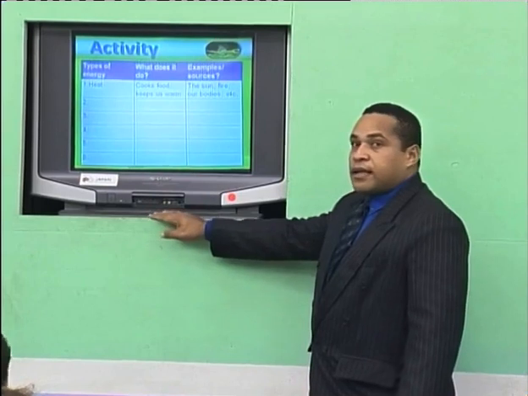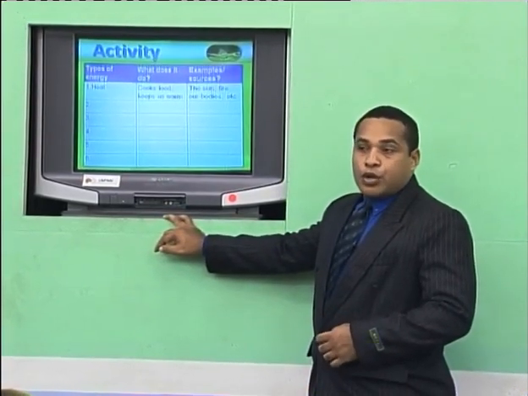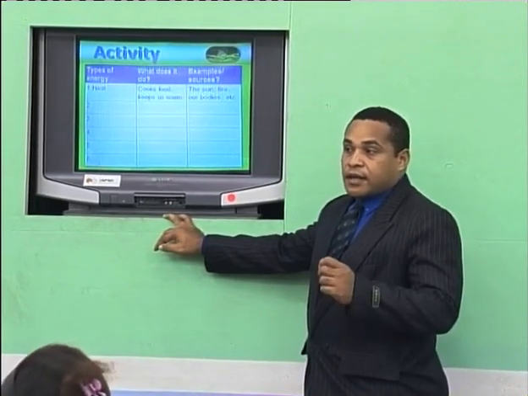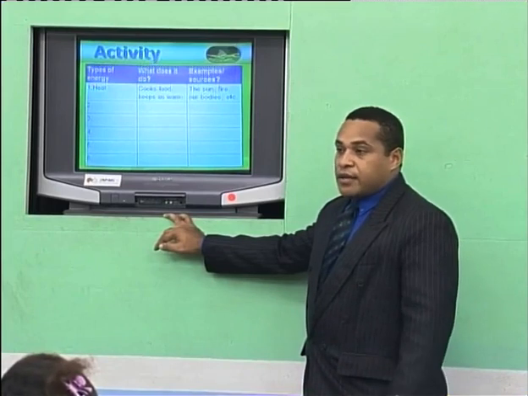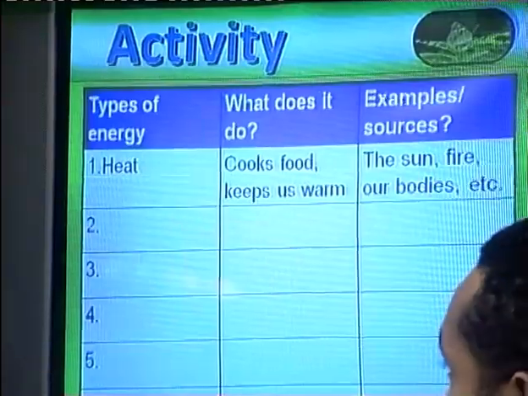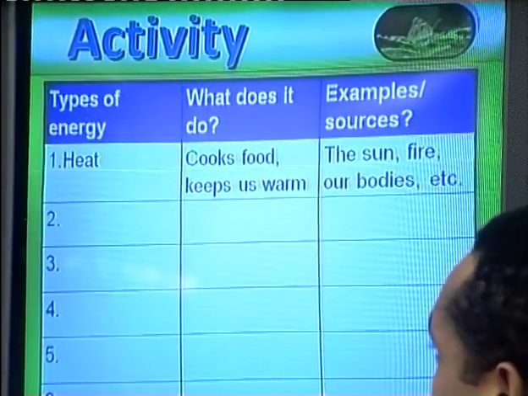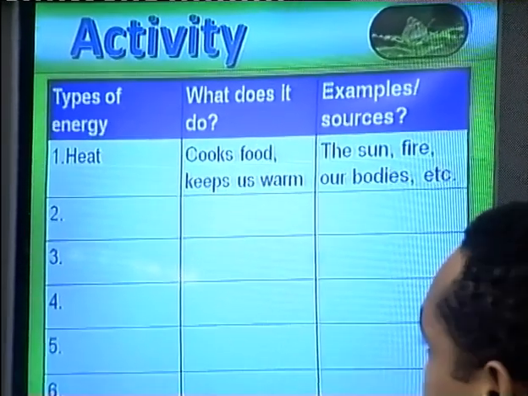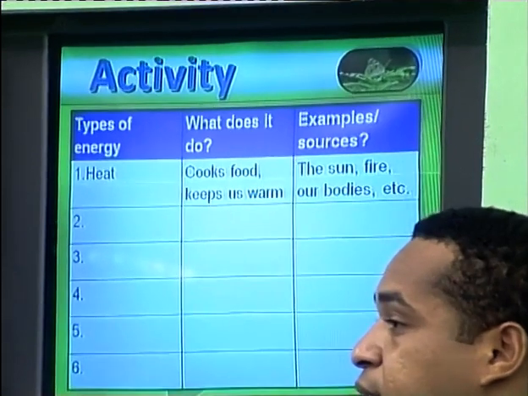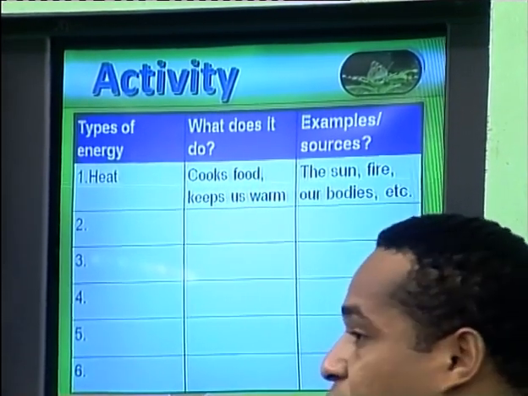Types of energy, like I've said, by now you should know the different forms of energy. 6 types of energy. Number 1, heat. That's the example. The type of energy, heat. Heat energy. What does it do? Cooks food and keeps us warm. That's what the heat energy does.